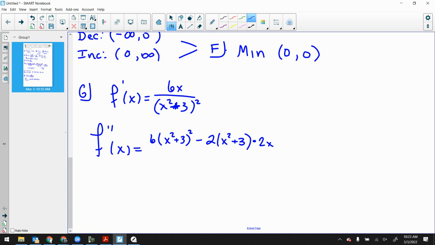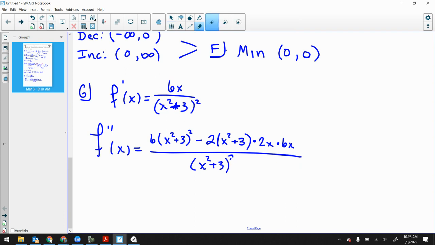So that's all g prime, this 2 times x squared plus 3 times 2x, and then times f. Oh, that's to the fourth power now.